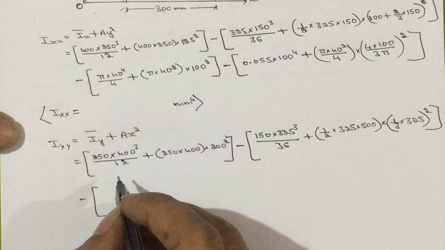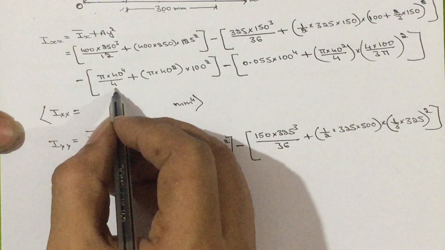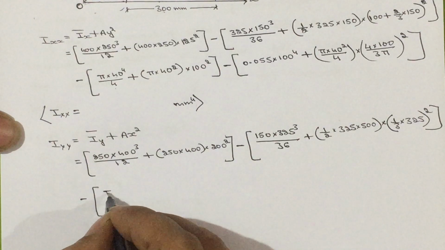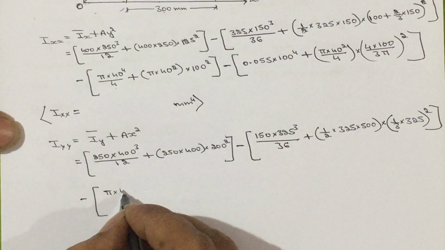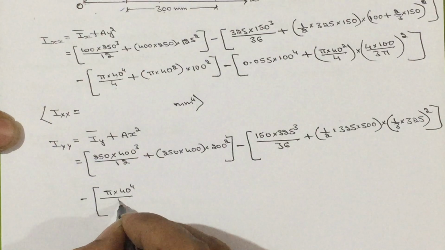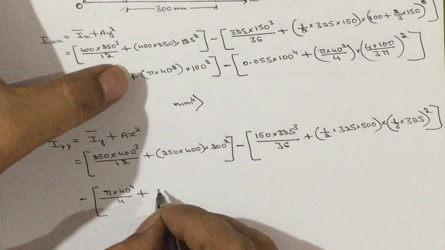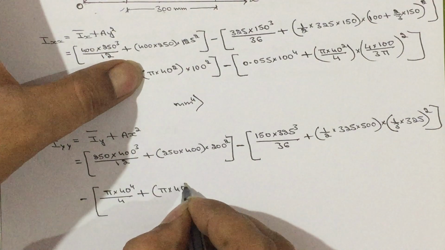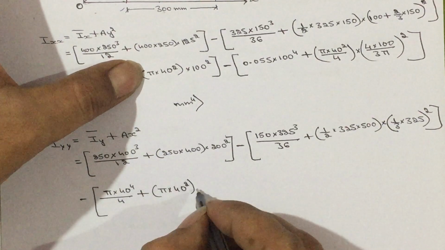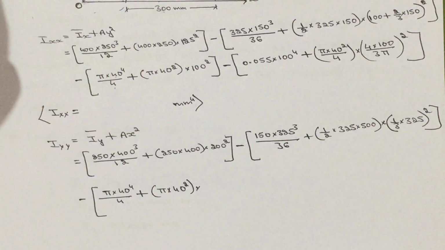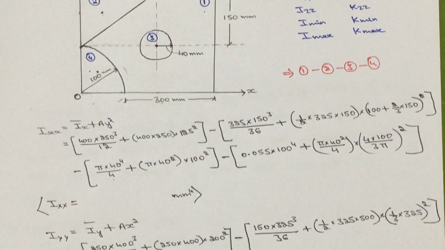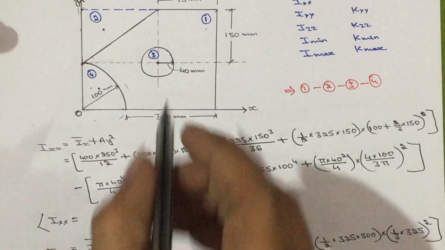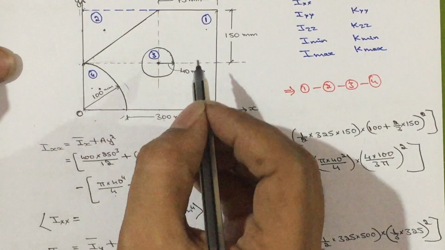So, for the circle, Iy bar is given by pi r to the power of 4 divided by 4, pi into 40 to the power of 4 divided by 4, plus area, which is pi r square, that is pi into 40 square, into x square, the distance of the centroid of the circle in the x direction.